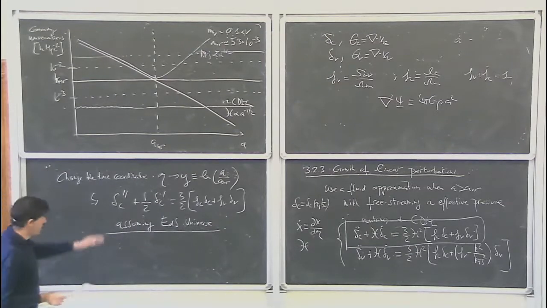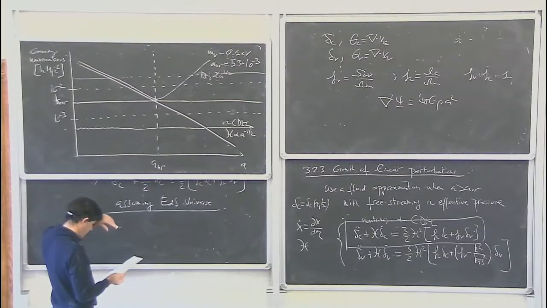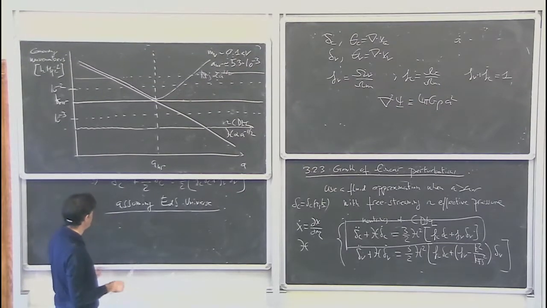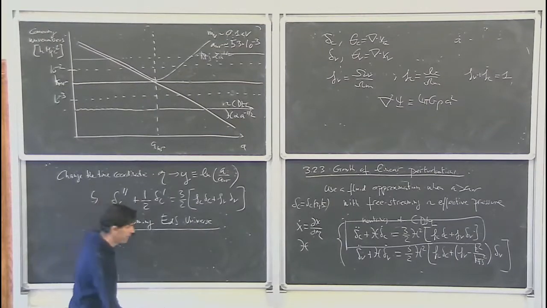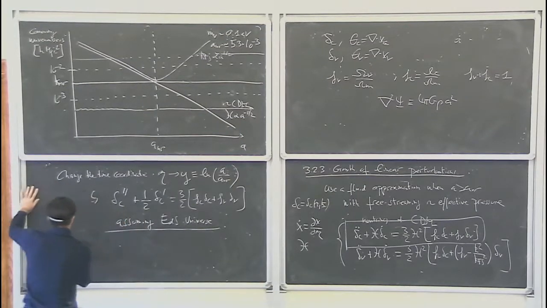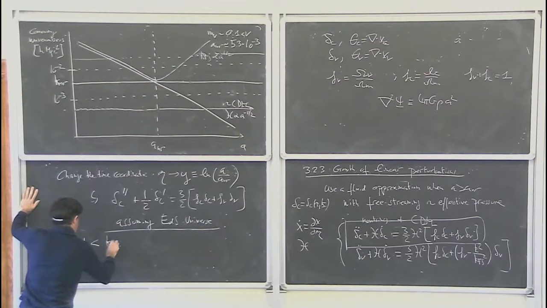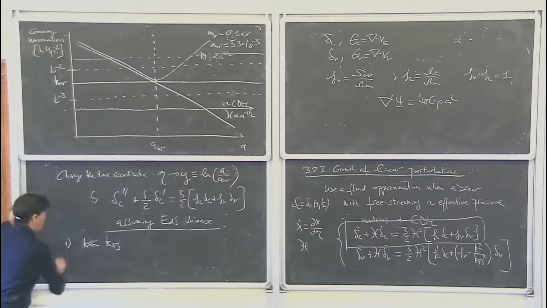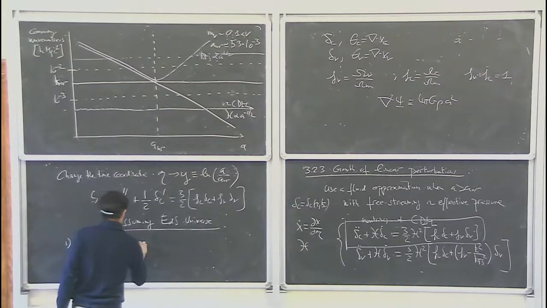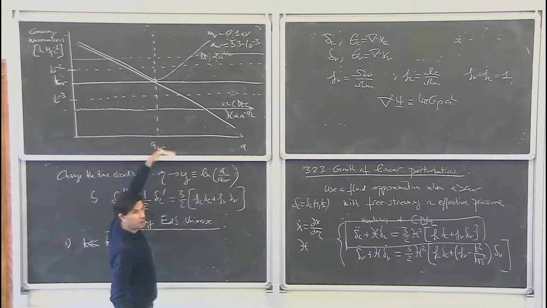And now we can solve it easily in two different limits. First of all, let's assume that the wave number k is much smaller than the typical free streaming scale. In this limit, as I told you, basically you're down here.